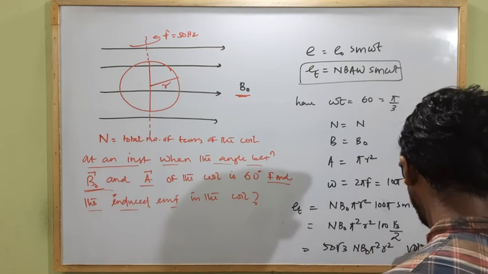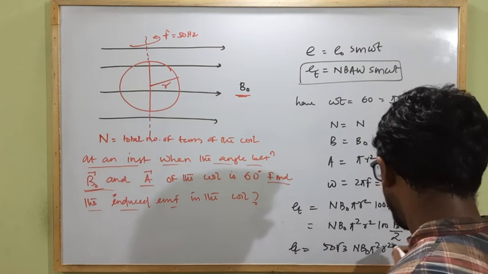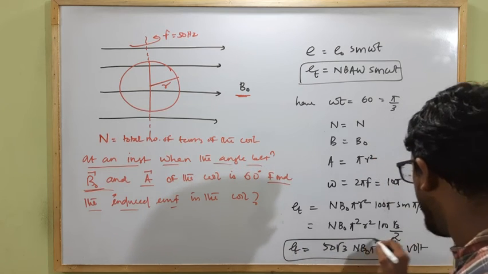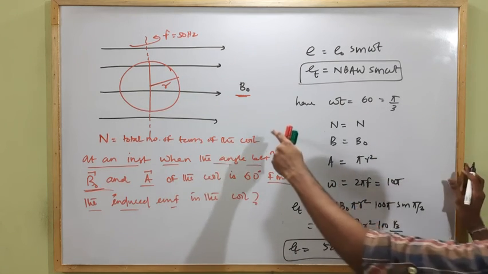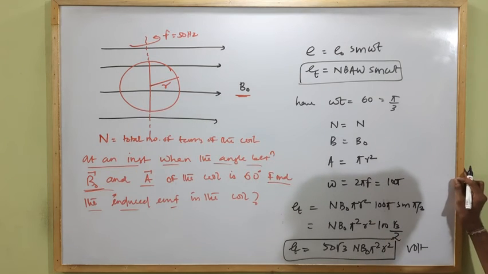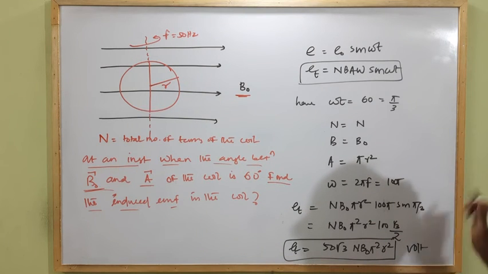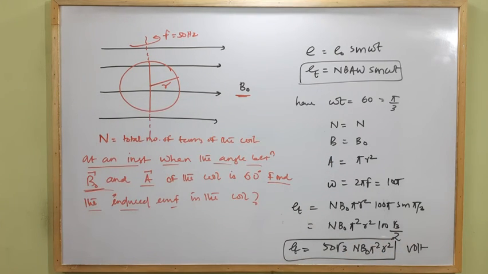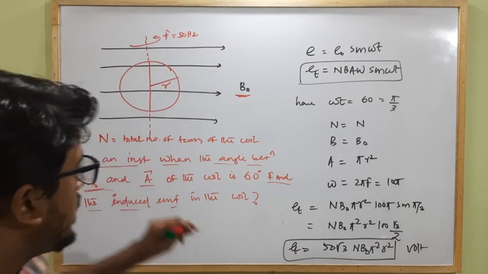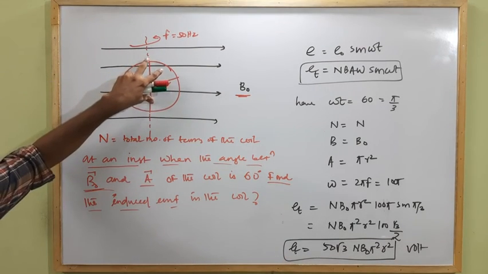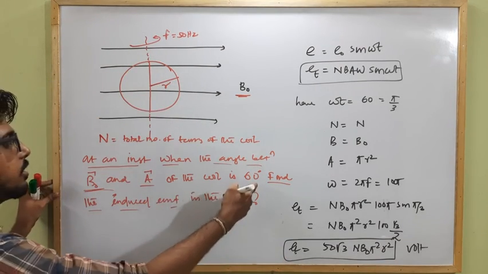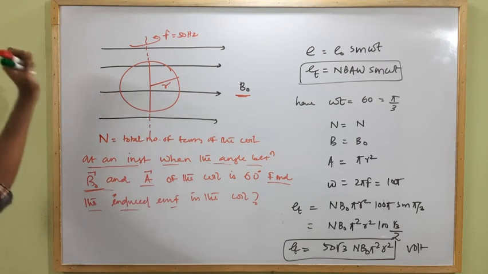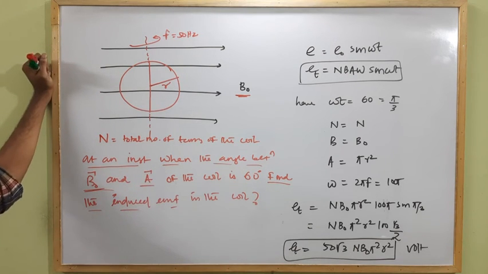This is the expression for instantaneous induced EMF within the circular coil which is rotating with a frequency of 50 Hz. Clear? So 50 root 3 n B naught pi square r square volt will be the value of induced EMF within this circular coil at an instant when the area vector and magnetic field vector are making an angle 60 degree with each other.